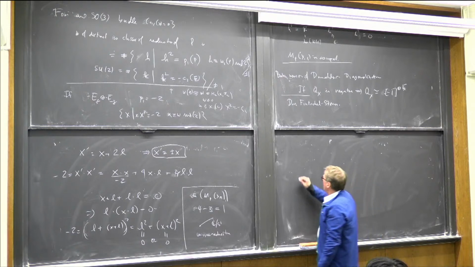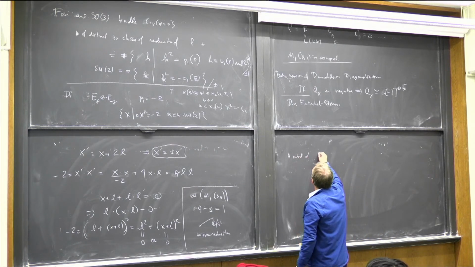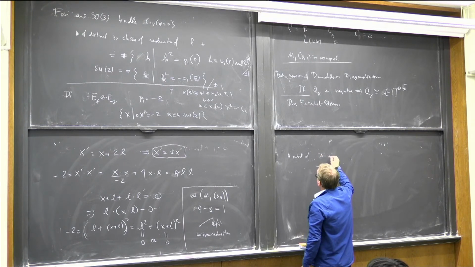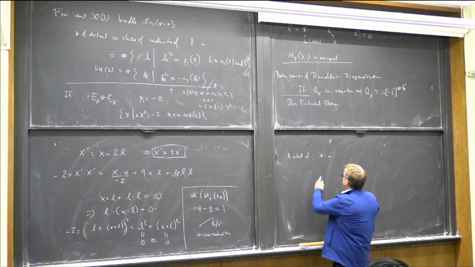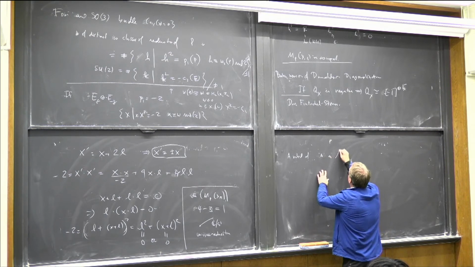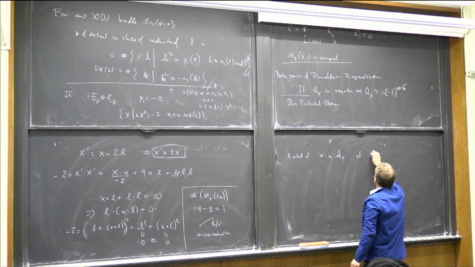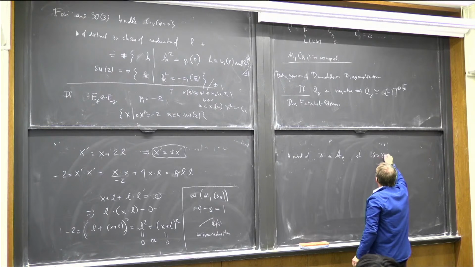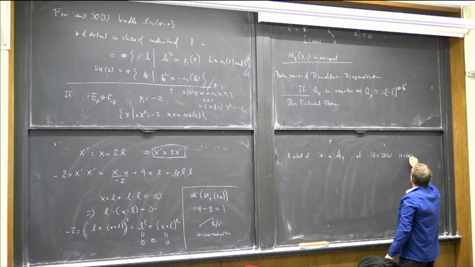A neighborhood of A, the connection, in the space of connections, let's say G is SO3 and H is U1, or SO2.